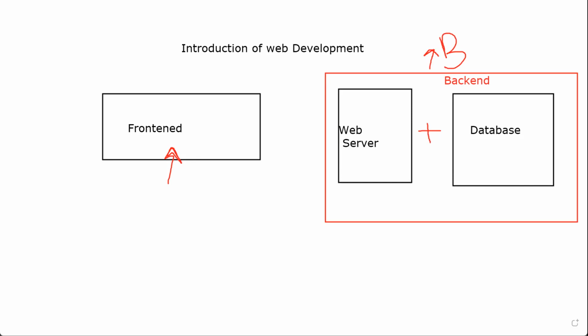You are giving your request, your query, that I want pasta. The waiter takes your request and goes to the kitchen. The kitchen is basically playing the role of the database. He takes pasta from the kitchen and gives it back to you. Please have it.